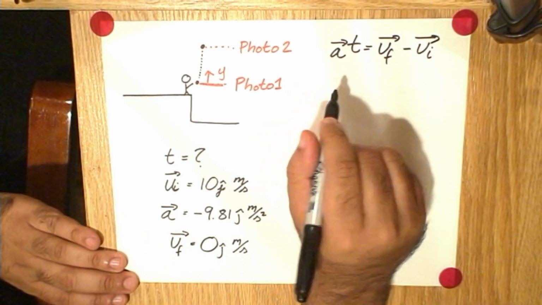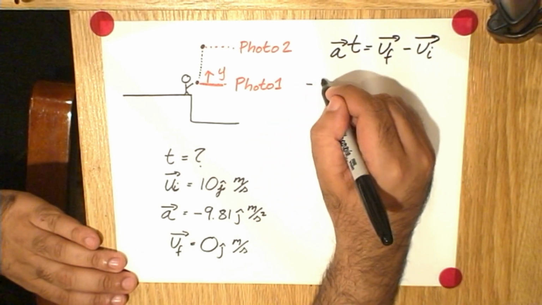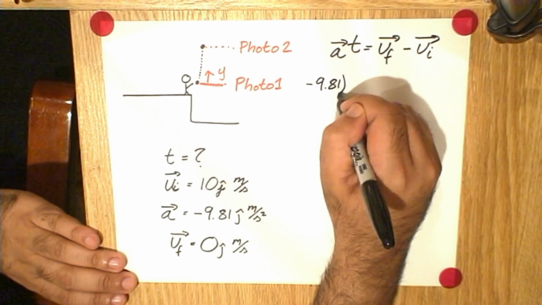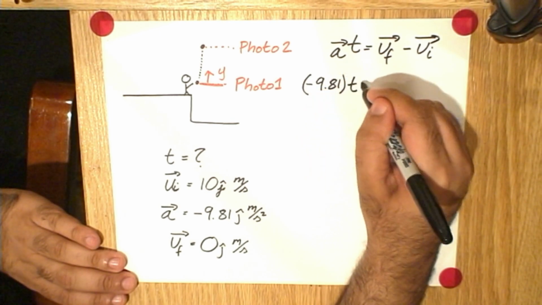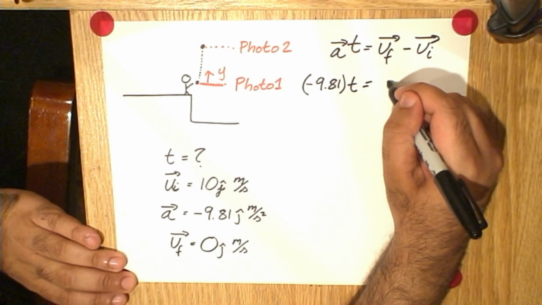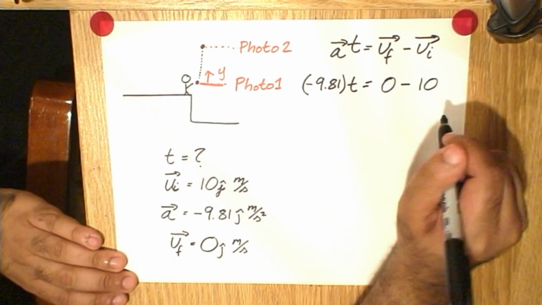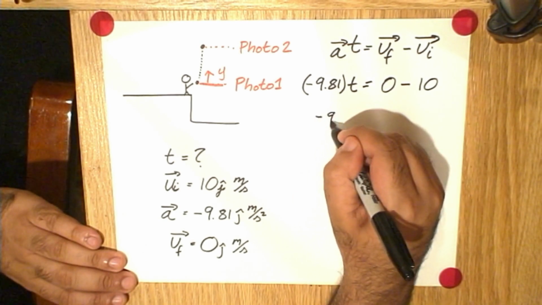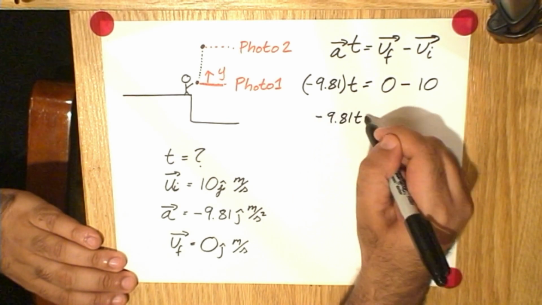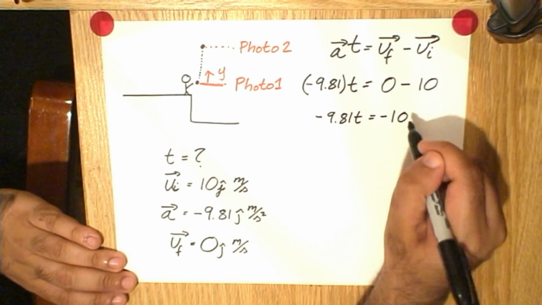So, let's plug in what we know. Acceleration, negative 9.81, multiplied by time is equal to v final minus v initial. So, negative 9.81 times time is equal to negative 10.